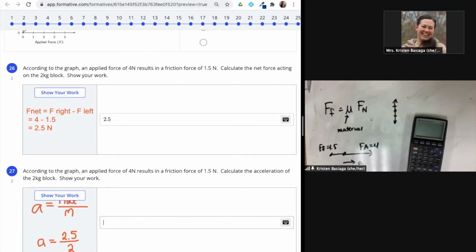That acceleration is 1.25 meters per second squared to the right. But I've already got my show your work point because I put the equation already. So I only need to include the 1.25 here with no units. Please do note, though, that for showing your work, it's not enough to just write 2.5 over 2. You have to write F net divided by m first.